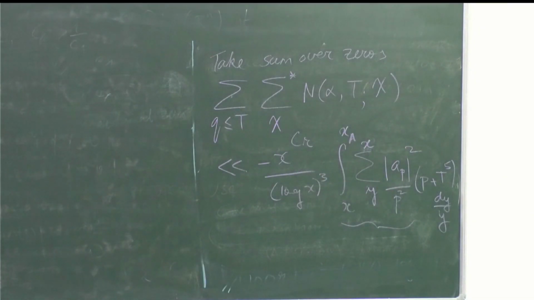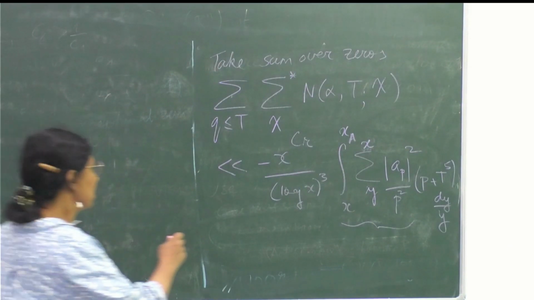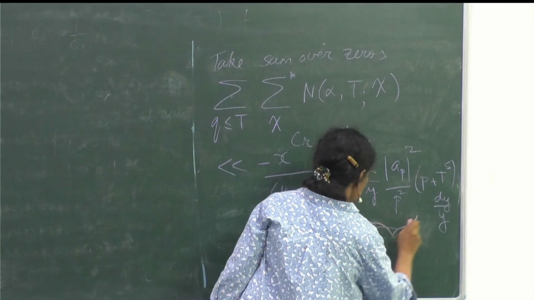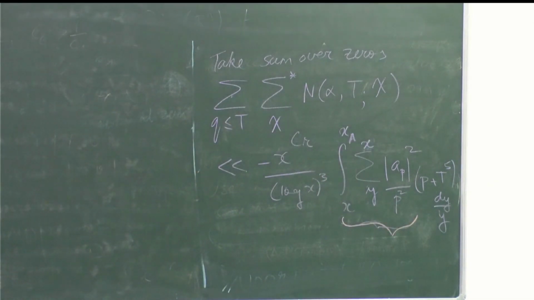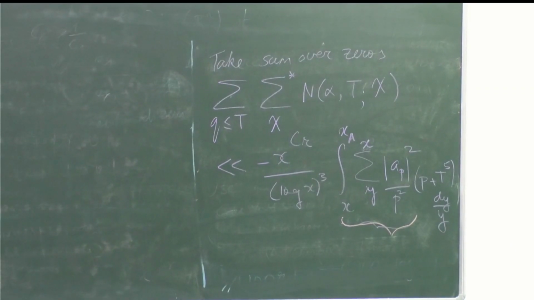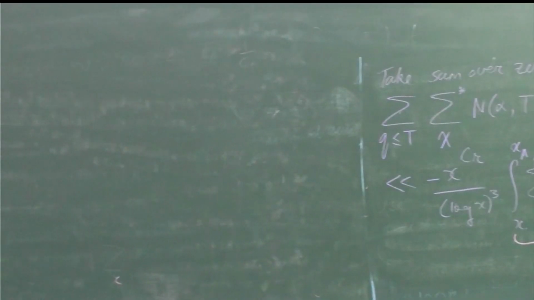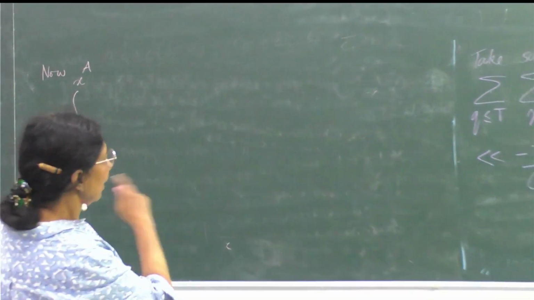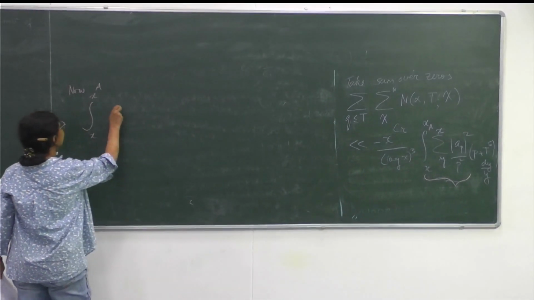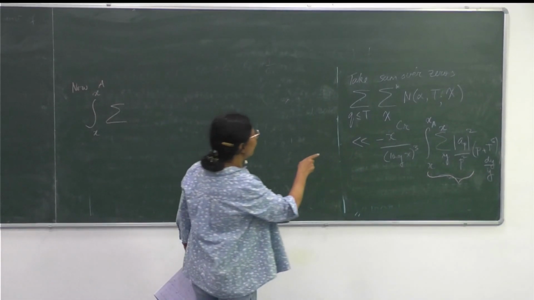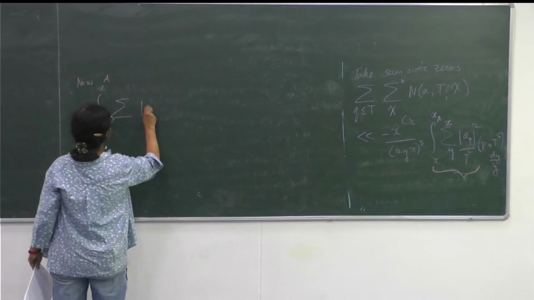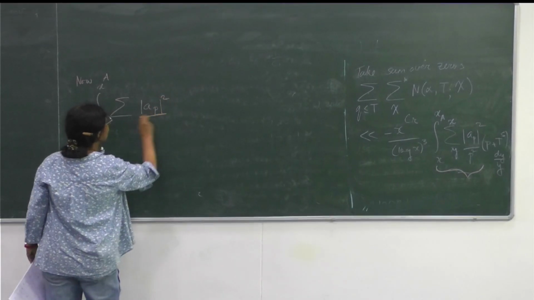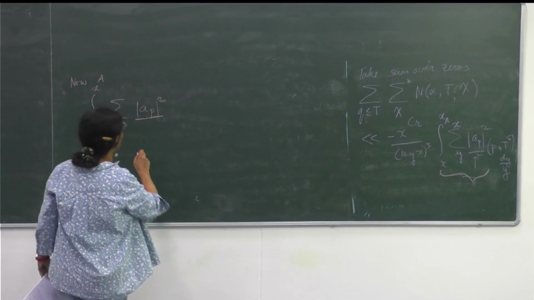So this part is between x and x to the power a, then we have a sum of AP square by P square.